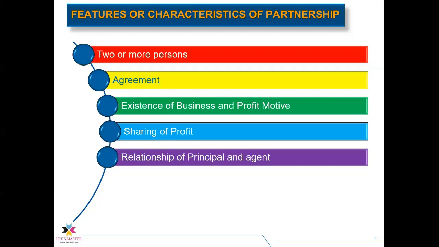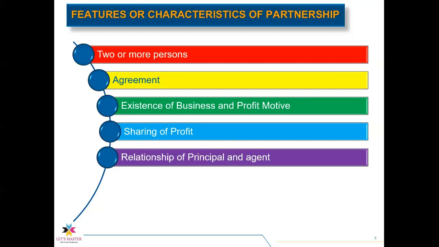That means the people who are authorized to do signatures or enter into a contract with a third party on behalf of the partnership firm are acting as agents of the partnership firm. And as the partnership firm is giving them this authority to be the authorized signatory or to enter into a contract with a third party, the partnership firm is the principal.